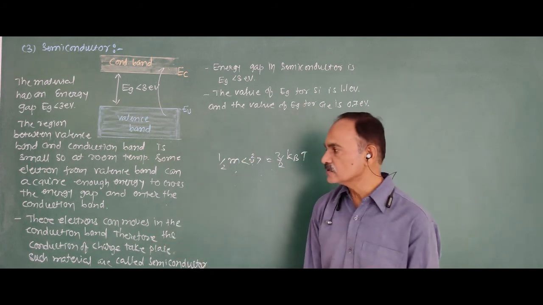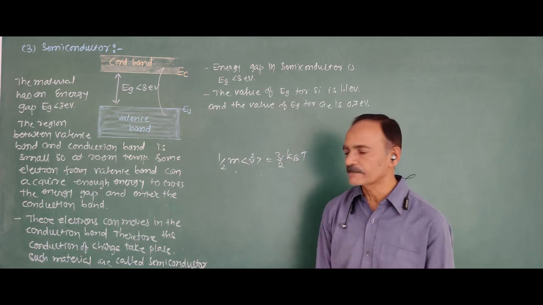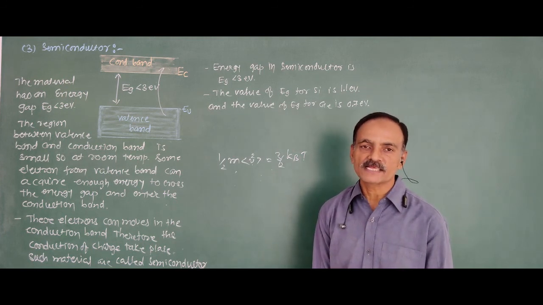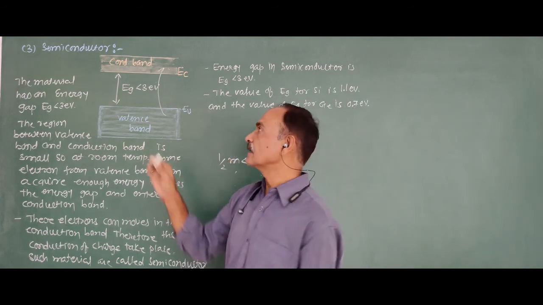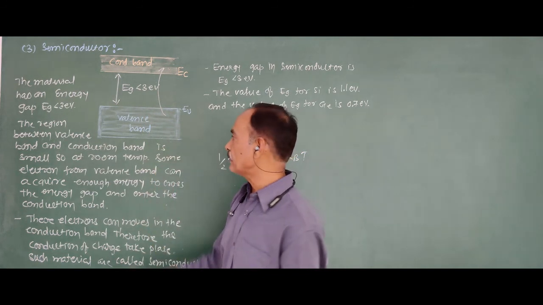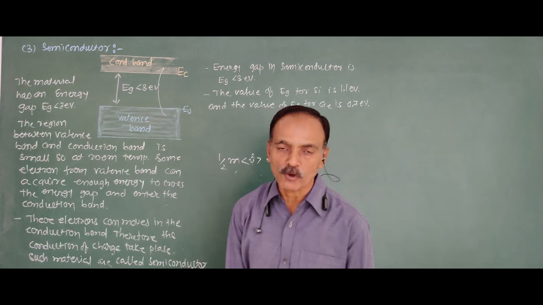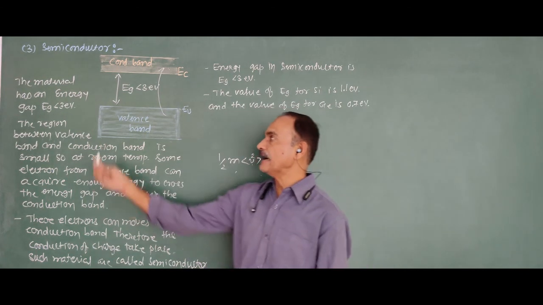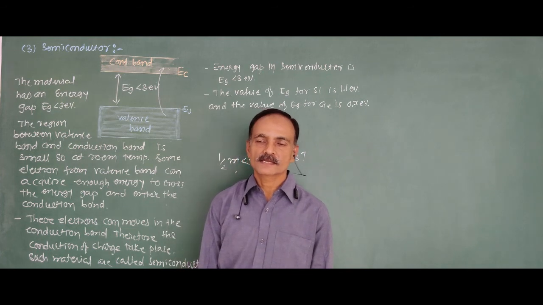This electron can move in the conduction band, and therefore the conduction of charge takes place, and such a material is known as a semiconductor. Again, the material in which the forbidden gap, that means the distance between the valence band and conduction band, is small, and the band gap energy is less than 3 electron volts.